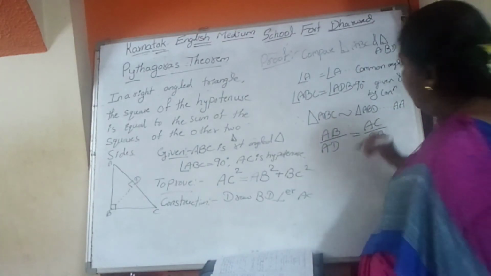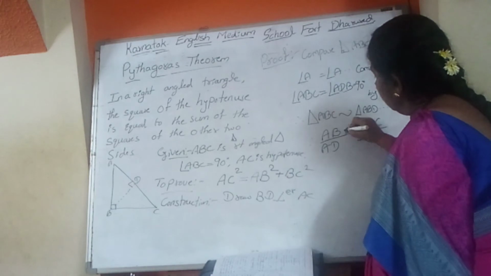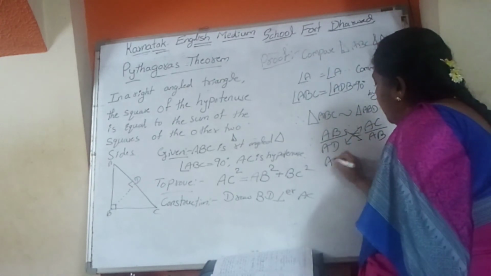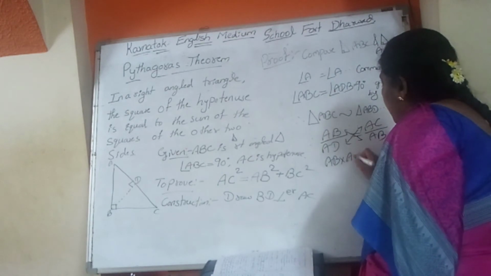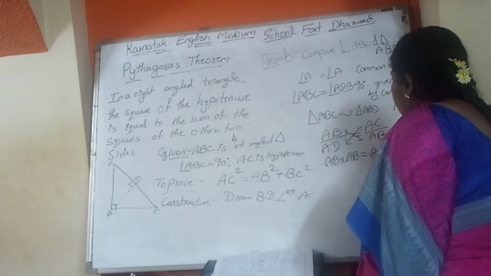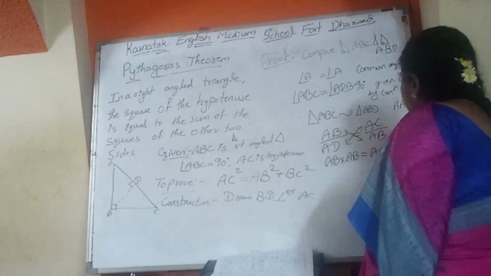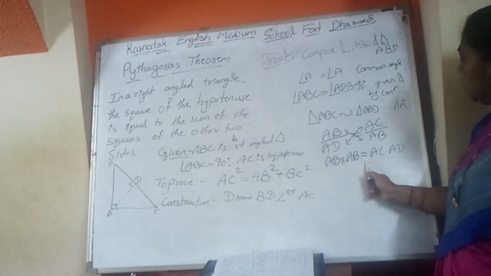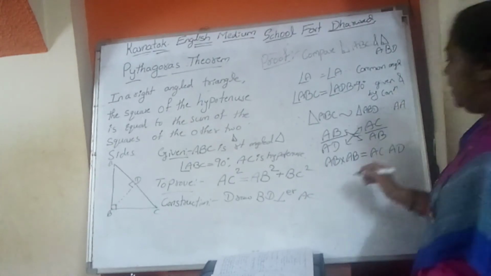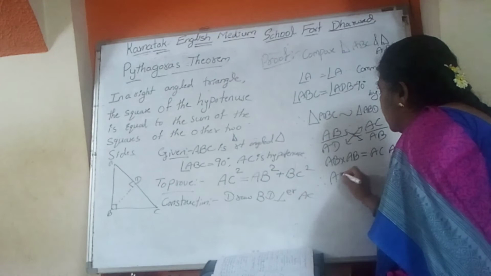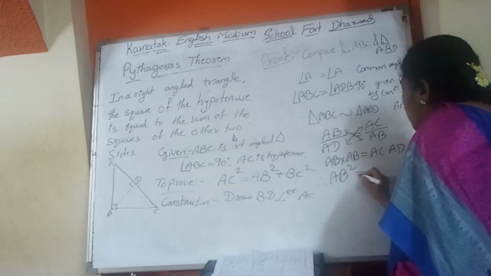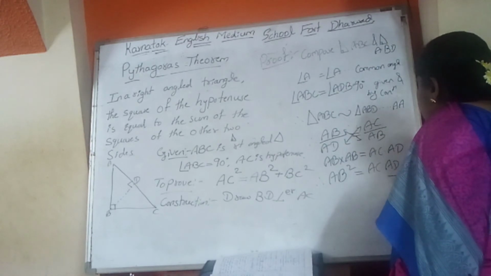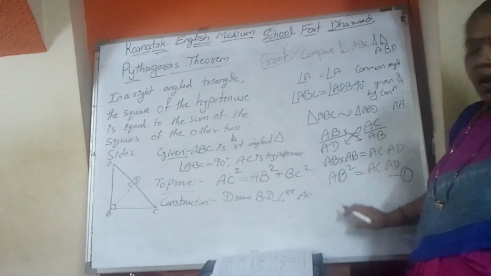Then by cross multiplication, AB into AB equal to AC into AD. Therefore, AB square is equal to AC into AD. This is 1. Understood now?